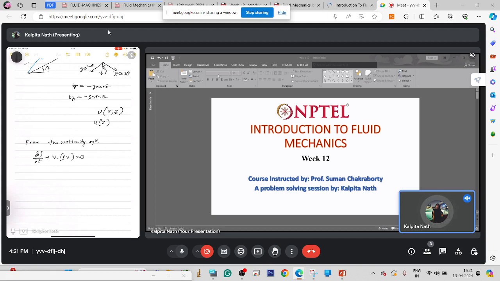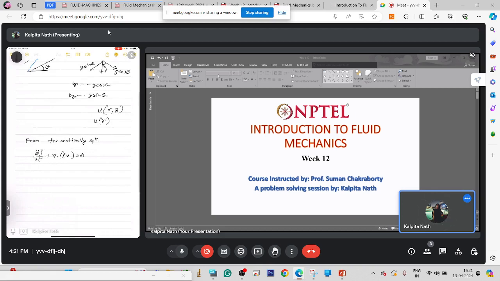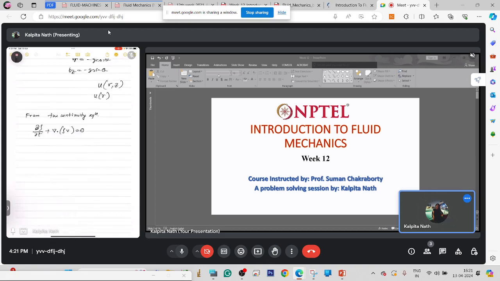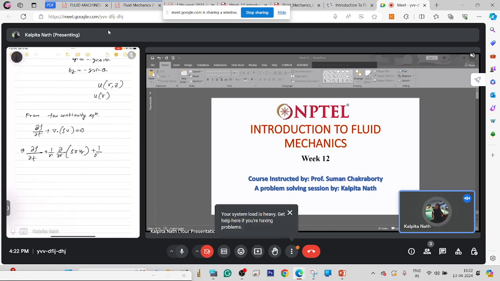If we separate it, this will be del rho by del t plus 1 upon r del by del r of rho r v_r plus 1 upon r del by del theta of rho v_theta plus del by del z of rho v_z is equal to 0.